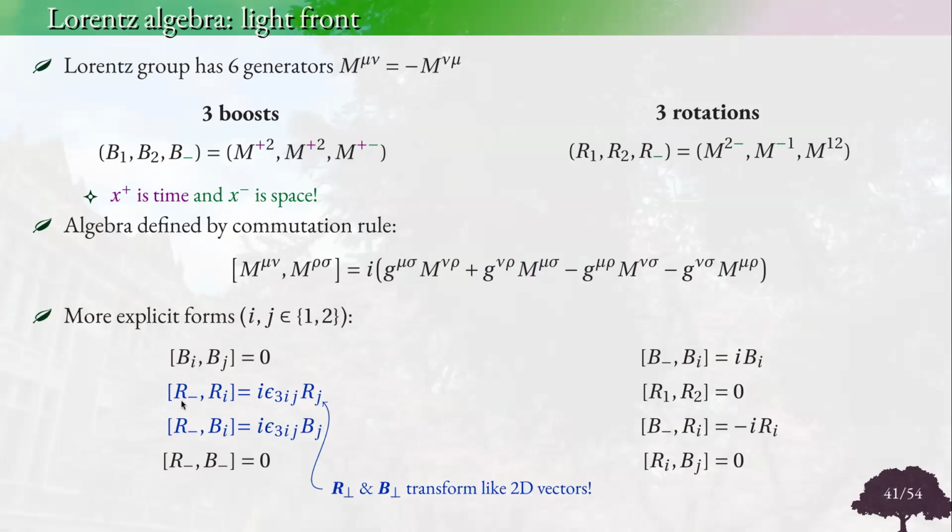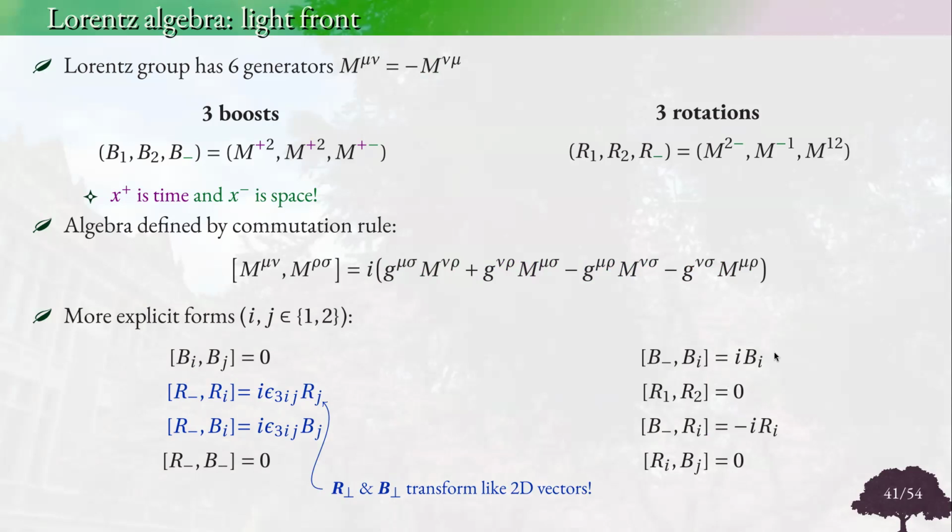Our rotation around the z-axis, which I've marked R minus, rotates the x and y components of our boost generators as if they're two-dimensional vectors, which is kind of nice. And our rotation around the z-axis and our longitudinal boost commute as we expect.